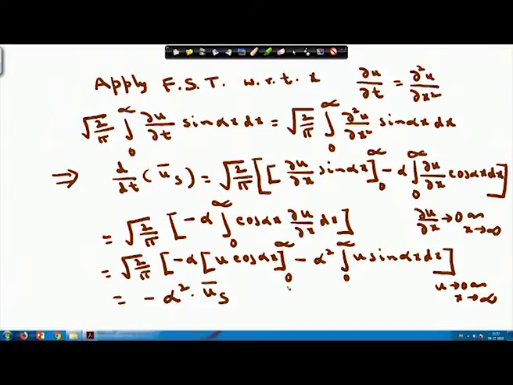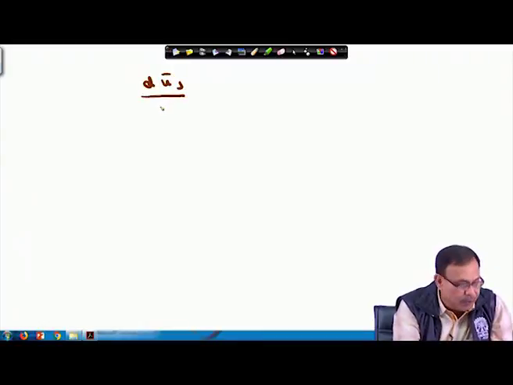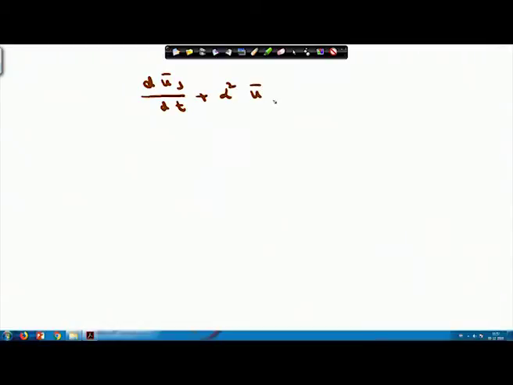Therefore, your partial differential equation is converted into an ordinary differential equation, which is d u bar s dt plus alpha square u bar s equals 0.